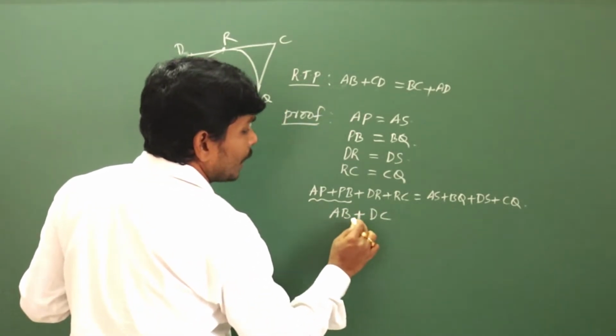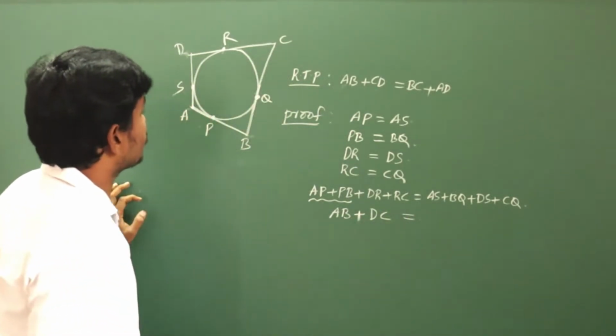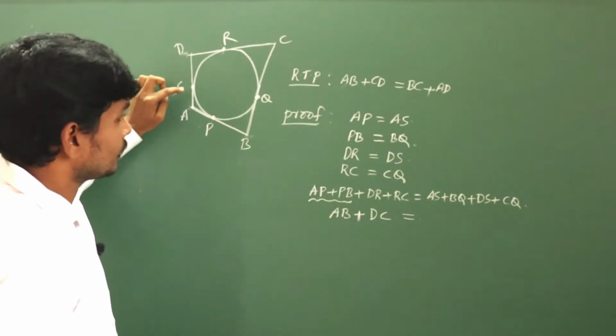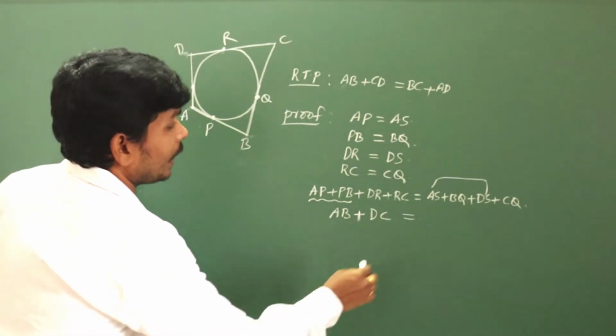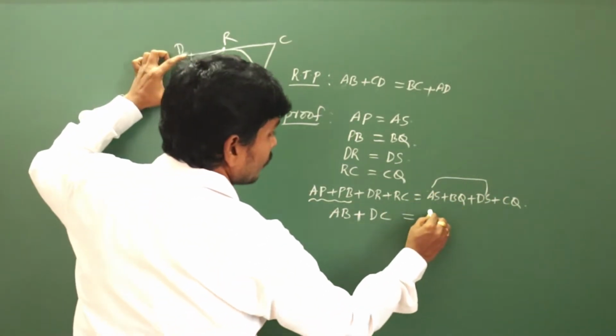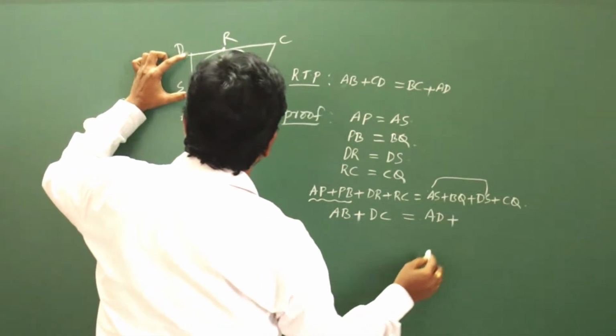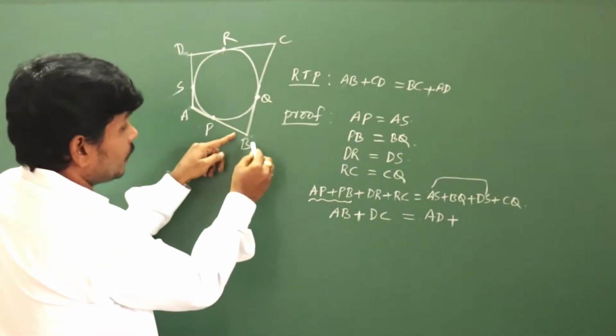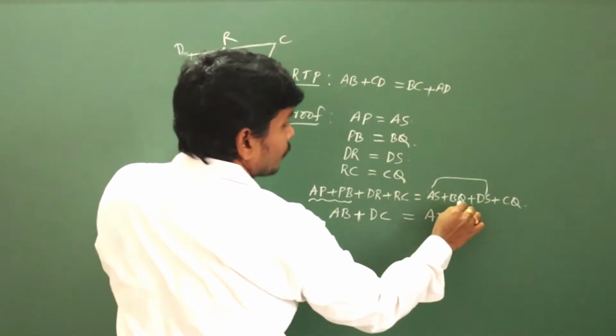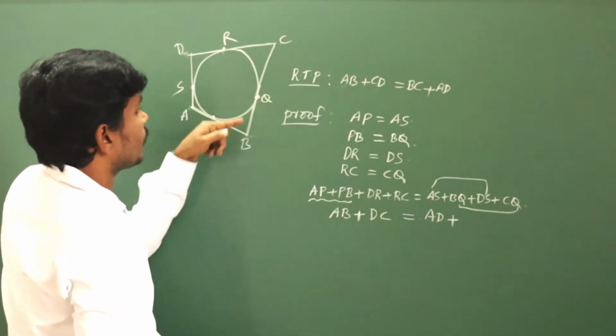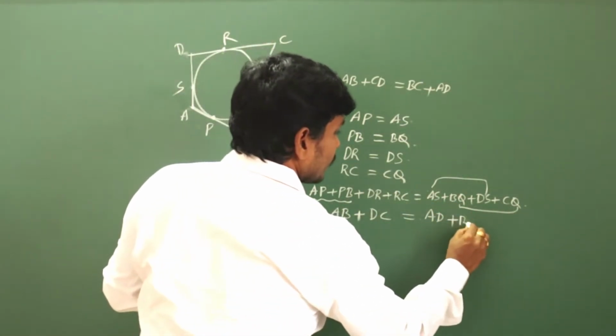So AB plus DC is equal to AS plus DS plus BQ plus QC. AS plus DS is AD, and BQ plus QC is equal to BC.